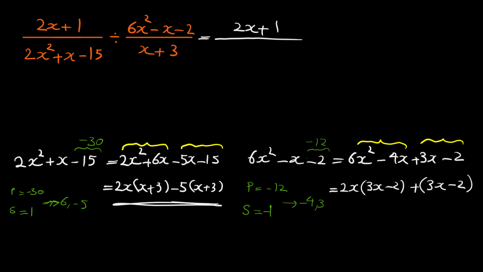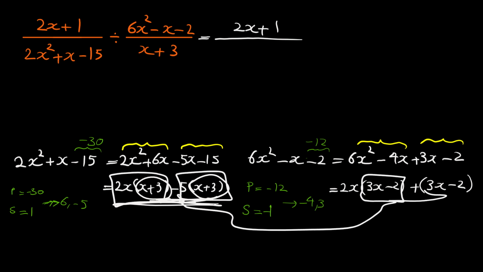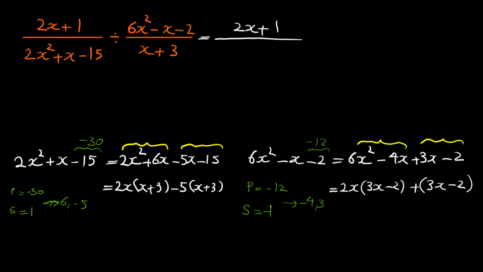Now look here. We have x plus 3 common between this term and this term. And exactly the same thing here: 3x minus 2, 3x minus 2 is a common factor between this term and this term. So we factor out that common factor. Then we have x plus 3 times 2x minus 5.